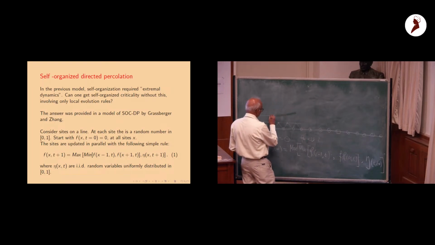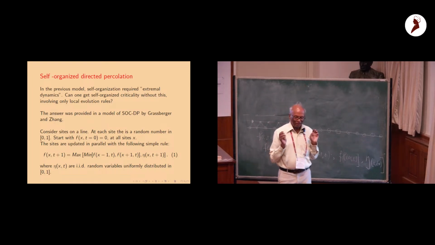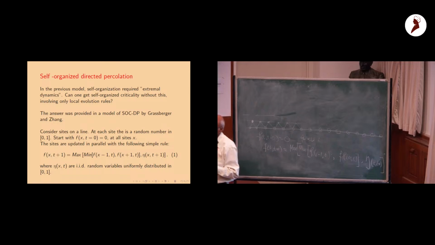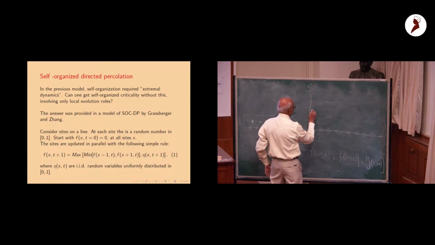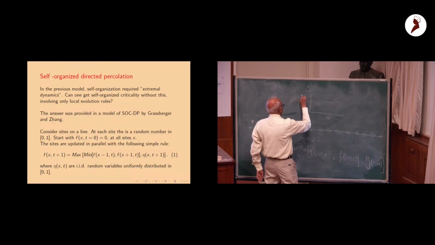But what they found was that if you just do this and evolve it for a long time, the system goes into some kind of a steady state, by which is meant that when you go to 1000 or 1050, you cannot tell the difference. The system looks roughly the same. So they kept on evolving this further and further, and they plotted x and the probability that x is seen.